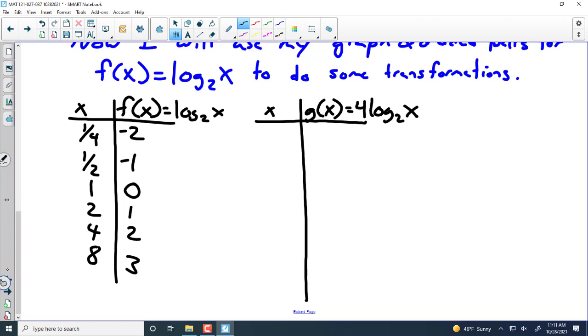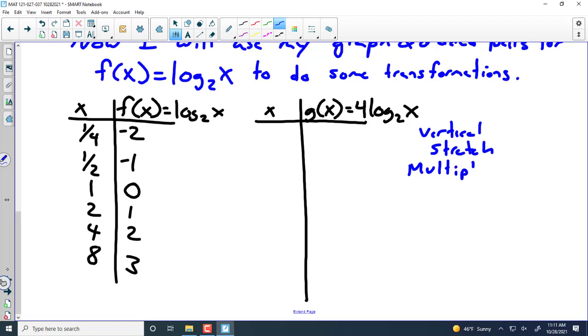What if someone chose to drop a 4 in front of that? What would we have to do to change my ordered pairs? Does anyone remember what that does when you multiply out in front by a number? Multiply the y's by that number. Very good. This is a vertical stretch.